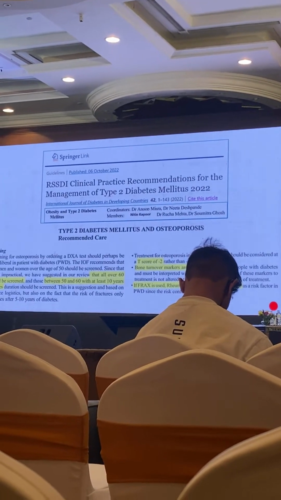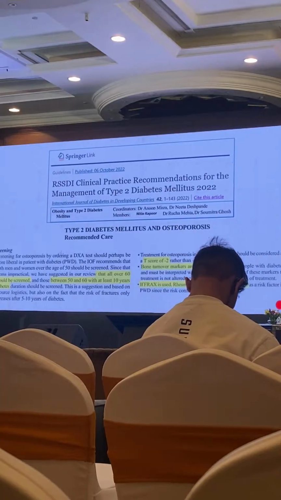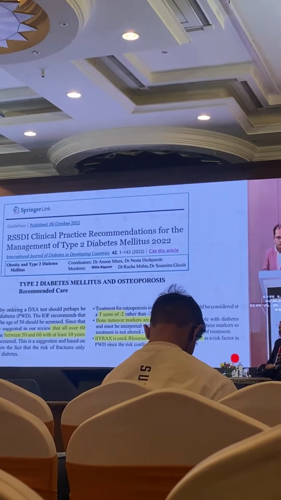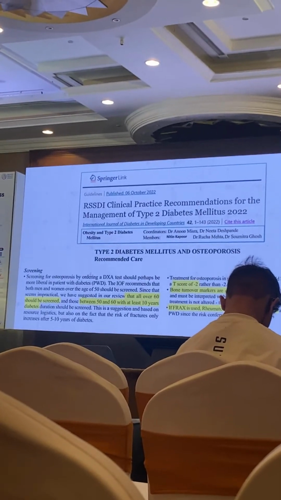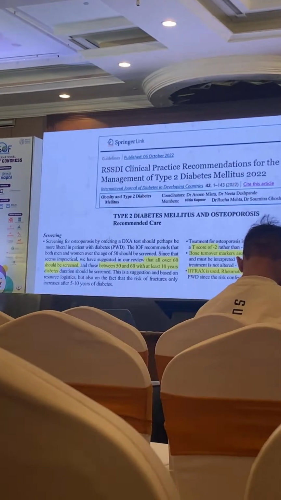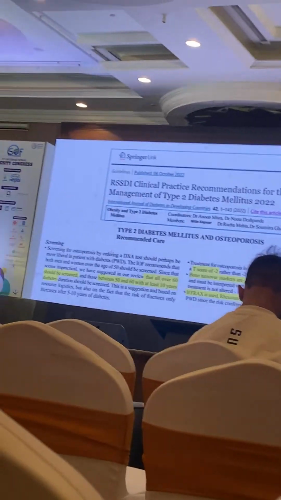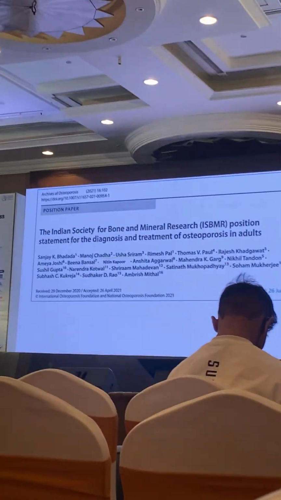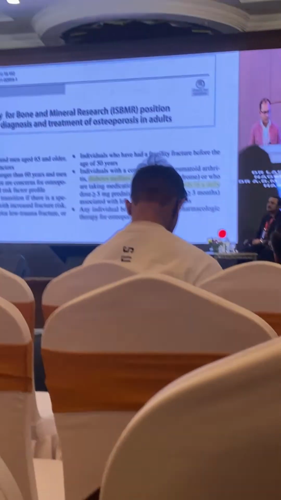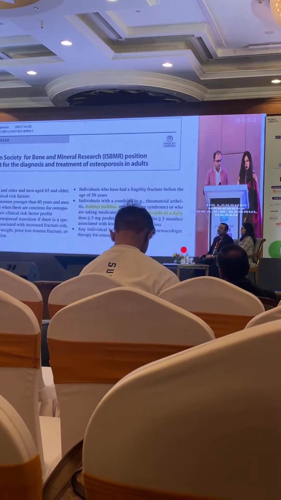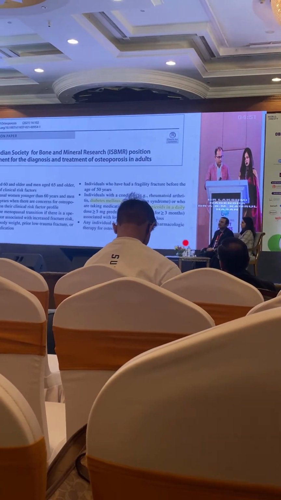And we also have the RSSDI clinical practice recommendations for management of type 2 diabetes, which say that a lower T-score cutoff of -2 should be taken as the threshold for starting anti-osteoporotic medications in people with diabetes, which is often seen with obesity. Again, like I spoke about, we have the ISBMR guidelines as well for screening, and in India, we say that women aged 60 and older and men aged 65 years and older should be screened.